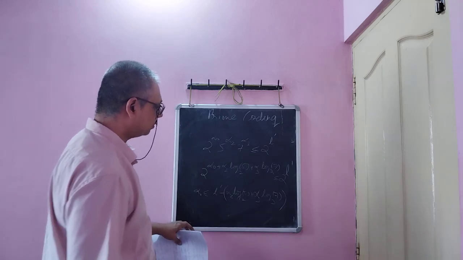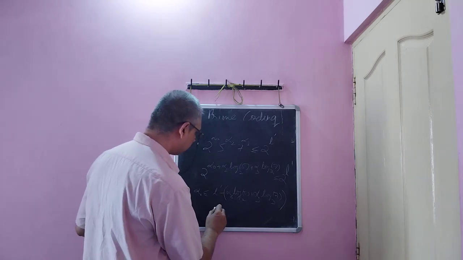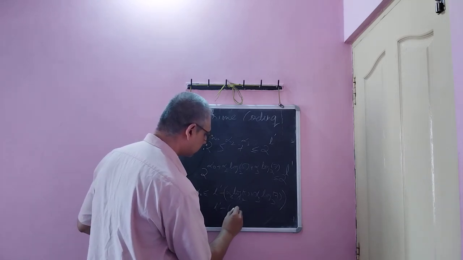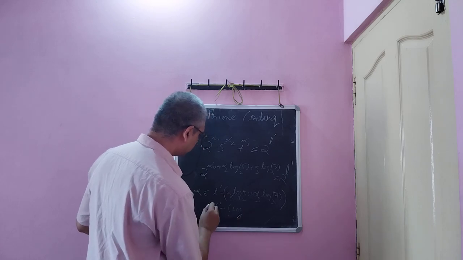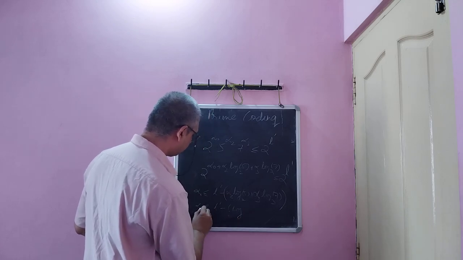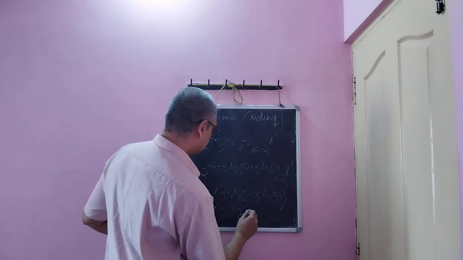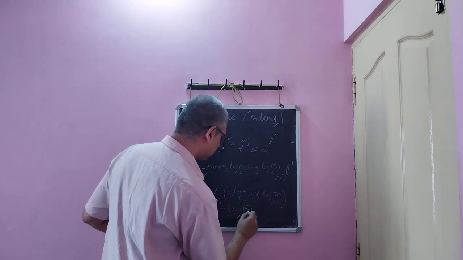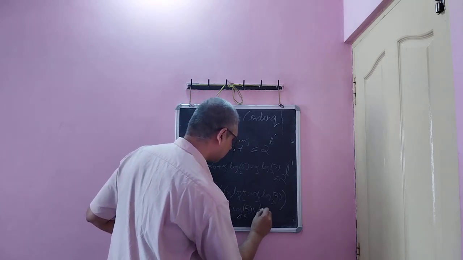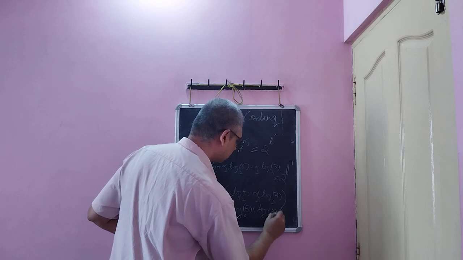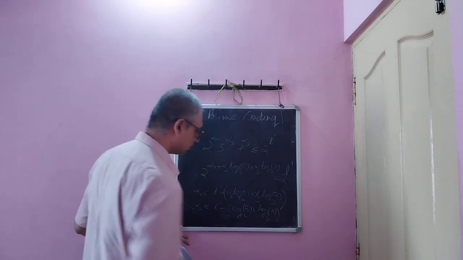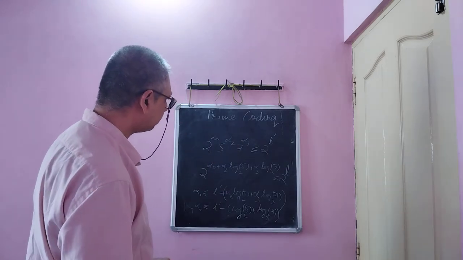Taking alpha 2 and alpha 3 equal to 1, we will have L dash minus the largest possible value for alpha naught. Alpha naught will lie between log 5 to the base 2 plus log 7 to the base 2.